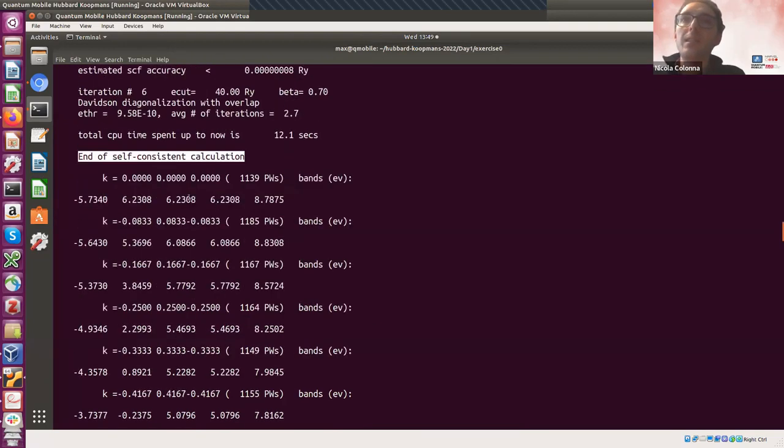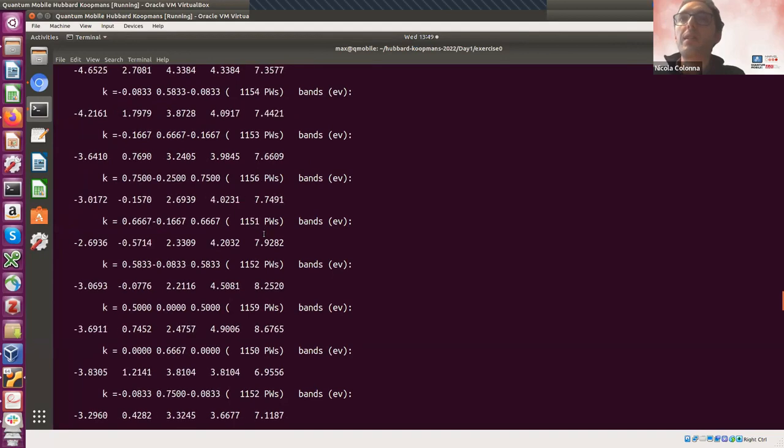Then it starts a report of the single-particle eigenvalues, or Kohn-Sham eigenvalues, at all the different k-points you have in your simulation. So this is Gamma and then many others; those are all the 72 inequivalent k-points.